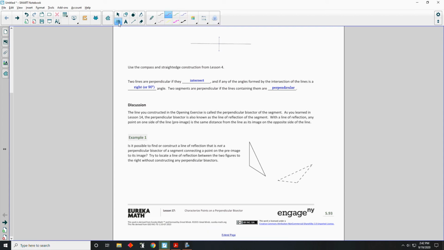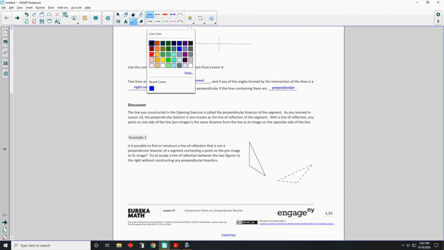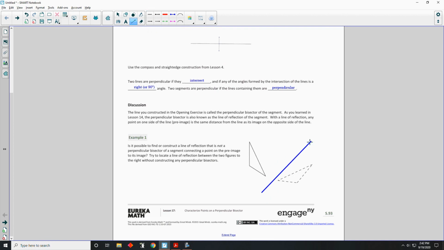Okay, so here's what we would do. I'll just pick blue for a change. Obviously if I drew this like so, this point here is much closer than this point over here. So you have to adjust so that it looks like it's the same distance apart.